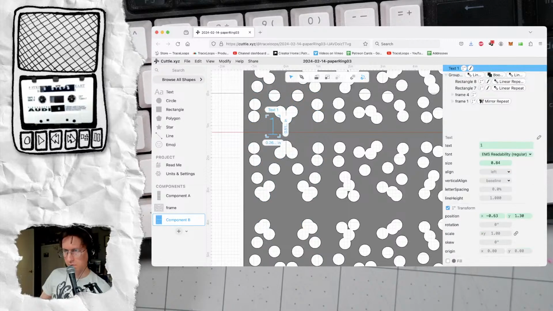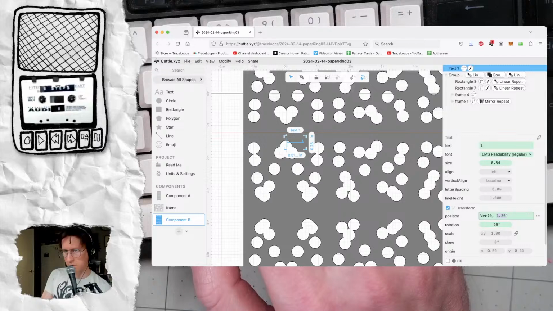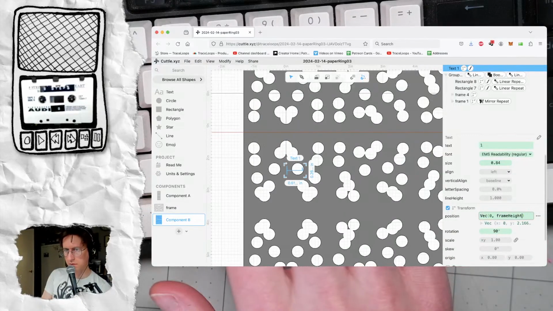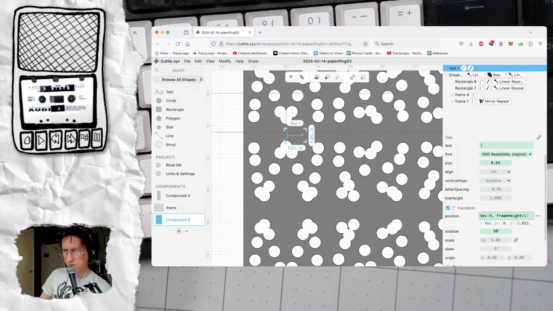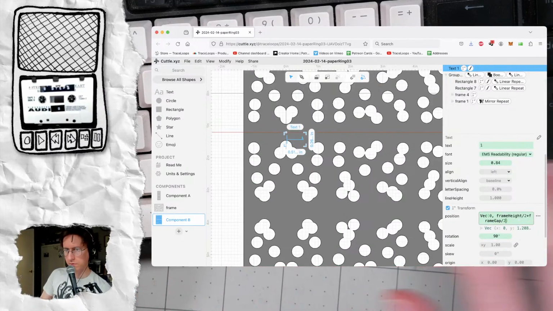And let's rotate this 90 degrees. And the position is 0, and then frame height divided by 2 plus frame gap divided by 2, and the alignment is center.